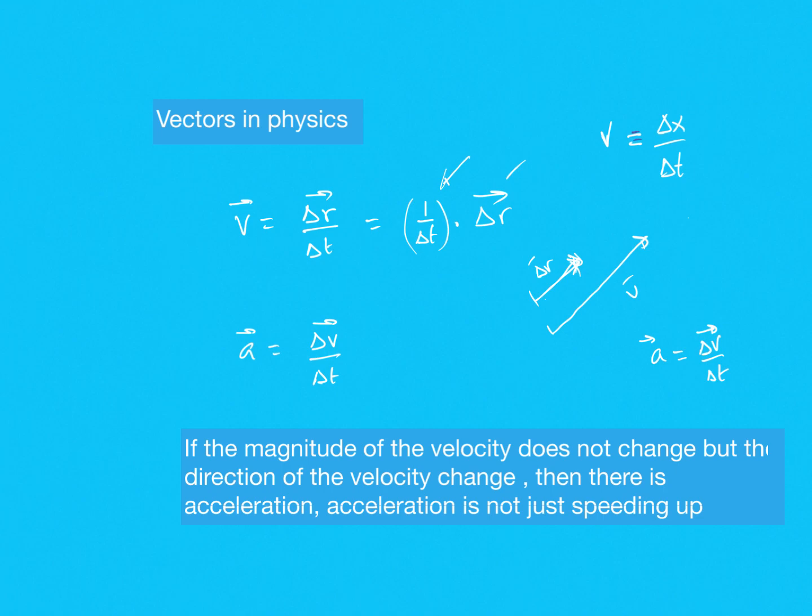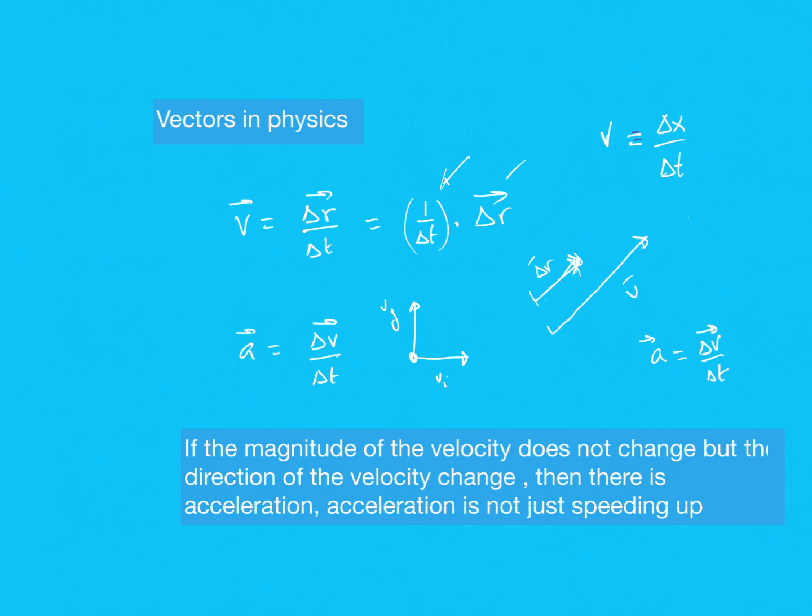So if the magnitude of the velocity doesn't change, but the direction of the velocity changes, then there is an acceleration. Why? Because let's say that the velocity initial is like this, v initial. And let's say that v final is like this, going up, v final. I put the 2 vectors also with the tail together.